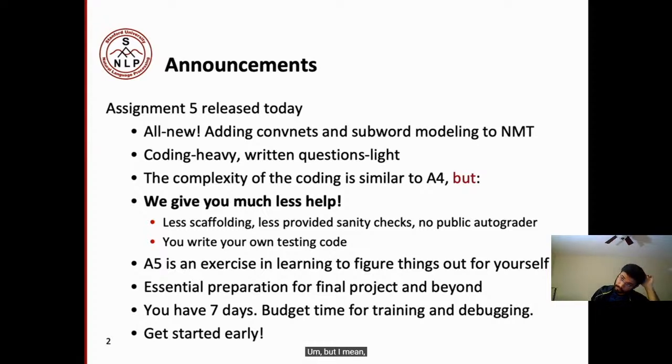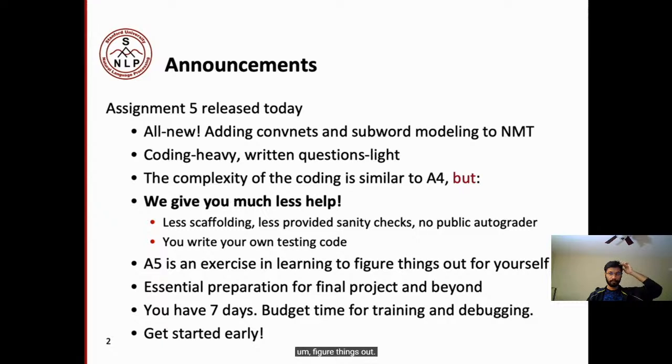But, I mean, what we're really wanting to achieve is to have you check whether the model is doing something sensible, and if it's not doing something sensible, to figure out how you could change things and try different things and get it to work sensibly. And so that's what we're hoping that people can do in assignment 5.